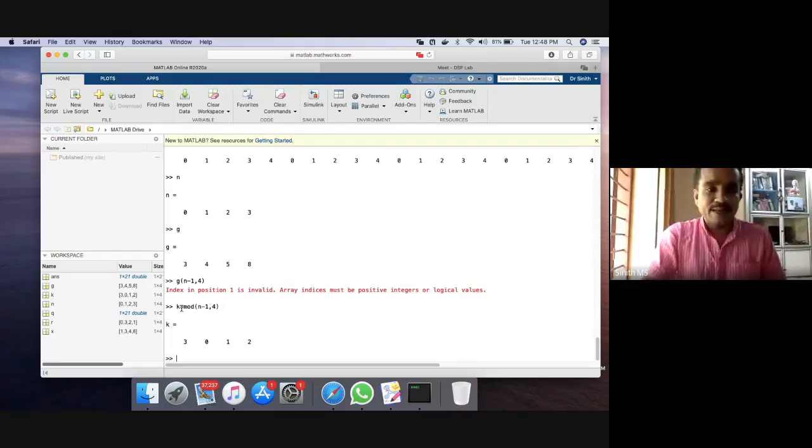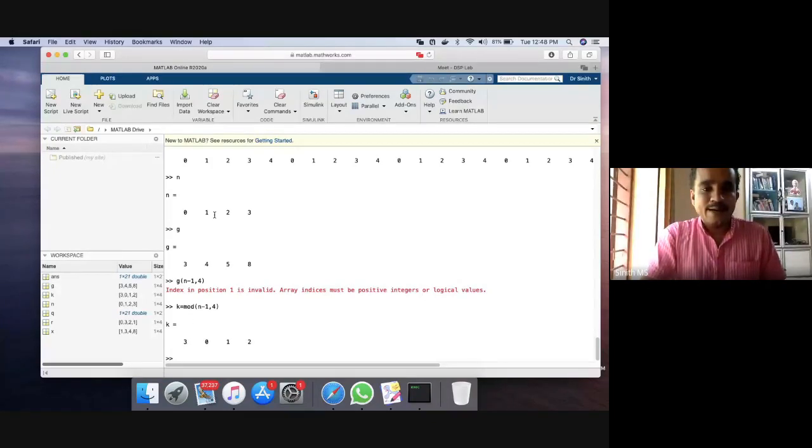What does this mean? You have n, which is 0, 1, 2, 3. If you take n minus 1, when n is 0 it is going to be minus 1. So mod of minus 1 comma 4 will be 3.